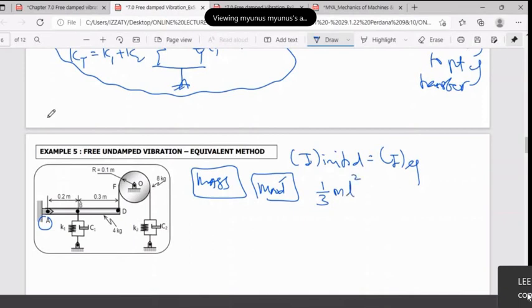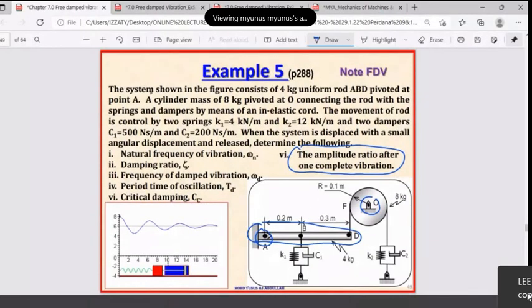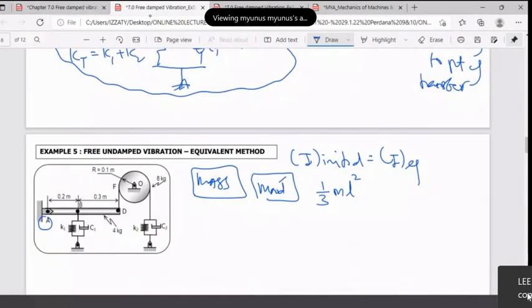But if they provide you the numbers, it's better still. Look at what they provide: 4 kg. The distance L is 0.5.